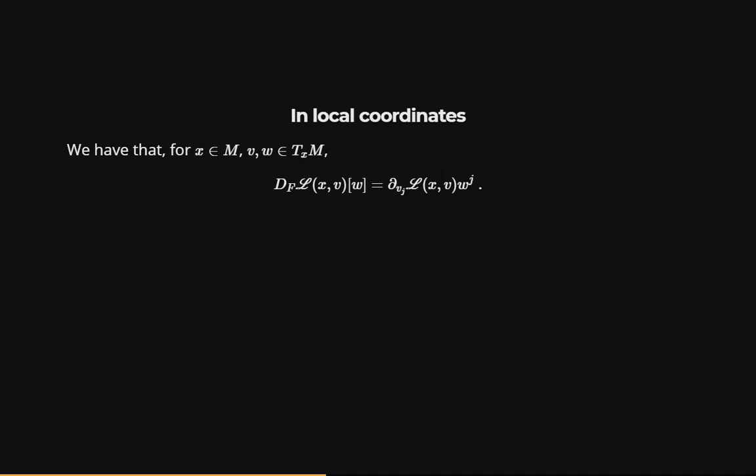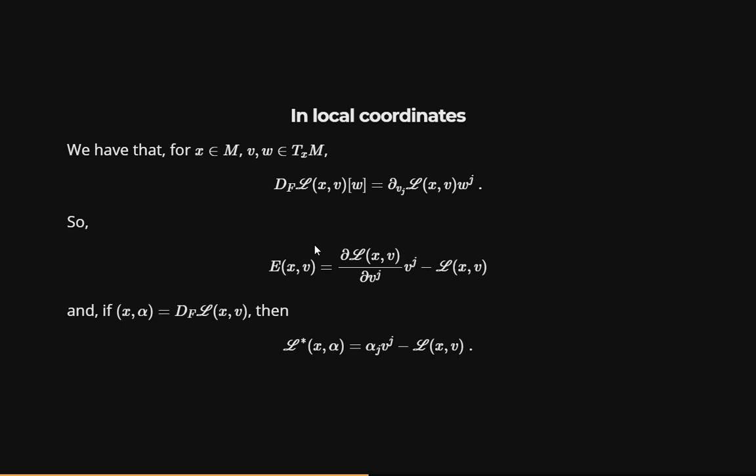The result is that you are multiplying the jth derivative of Lxv with respect to the variables v, so the jth derivative of velocity of the Lagrangian, times the jth component of the other tangent vector. So the energy is, well, I've just written out this explicitly, the partial derivative with respect to Vj of L times Vj, because the energy is applying this cotangent vector to the vector v itself, so it's times Vj minus L.